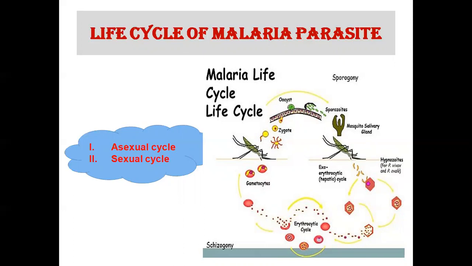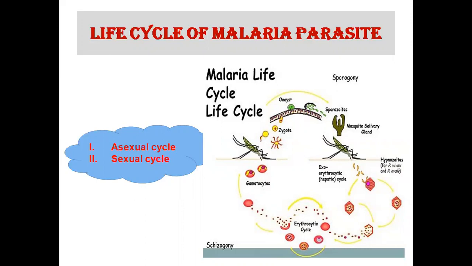Malaria is transmitted by the Anopheles mosquito, which acts as a vector. The malarial parasite life cycle can be classified into two parts, the asexual cycle and the sexual cycle. At first, I will discuss the asexual cycle.